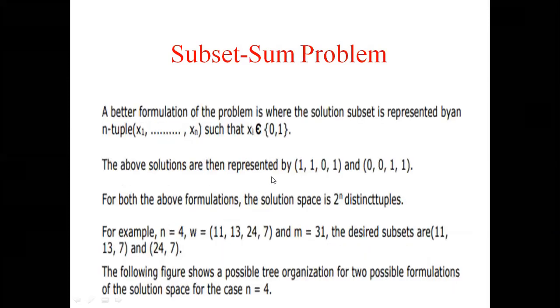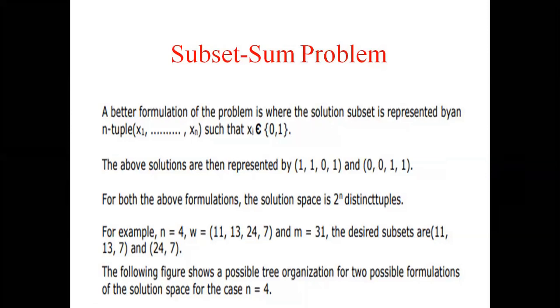So a better formulation of the problem is where the solution subset is represented by an n-tuple x1 to xn, x1, x2, x3, x4 up to xn, such that xi belongs to 0, comma 1.